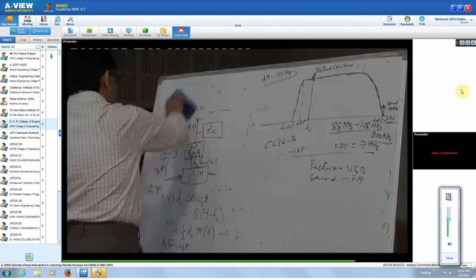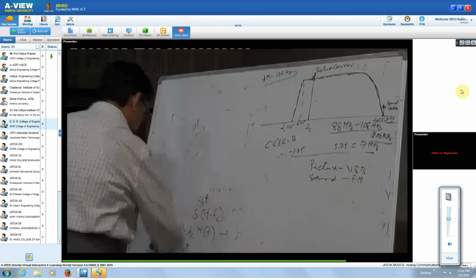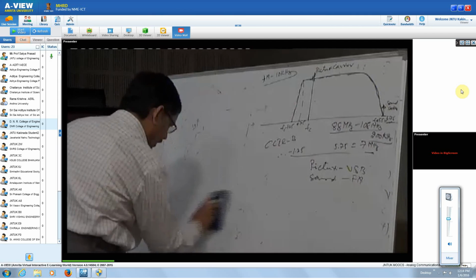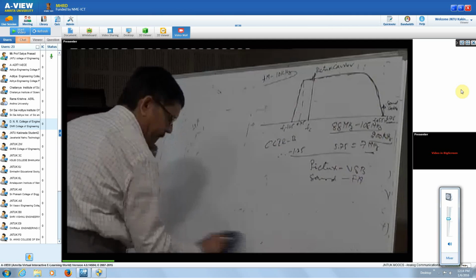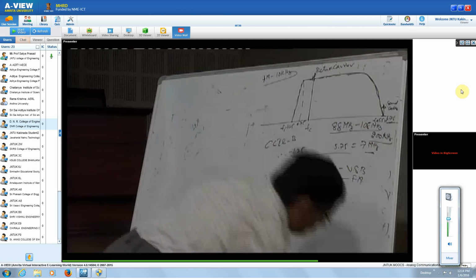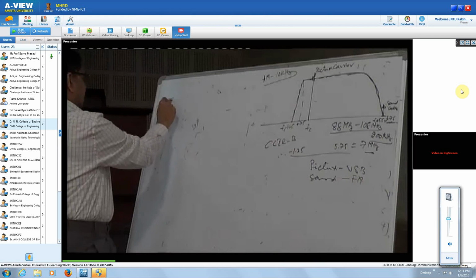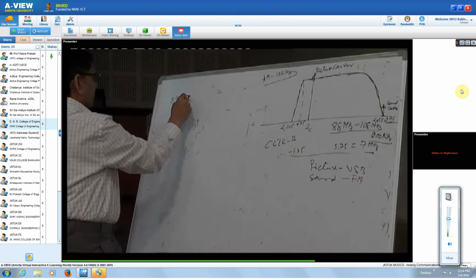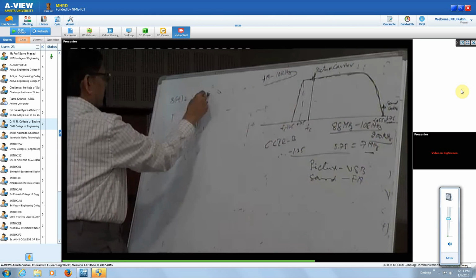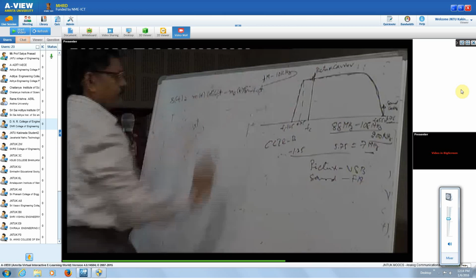So how to get back your original signal? By having an envelope detector. What is the signal that we are having? The s of t is m of t cos omega ct minus ms of t sin omega ct.